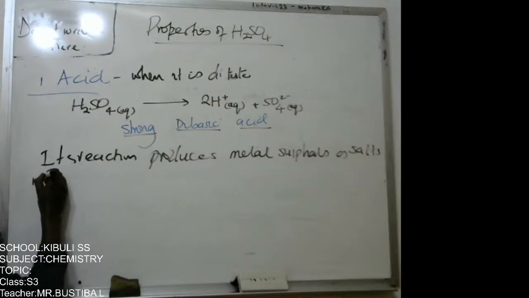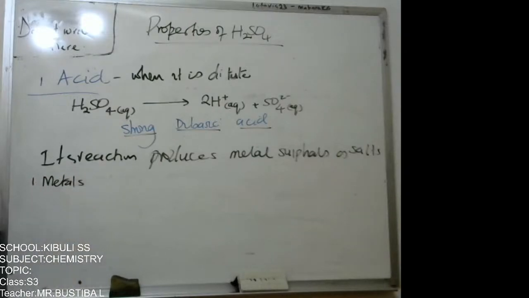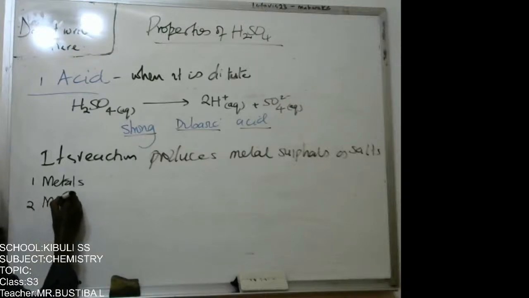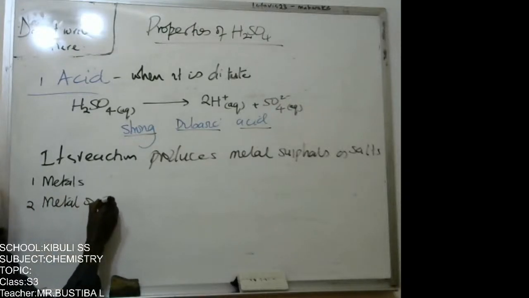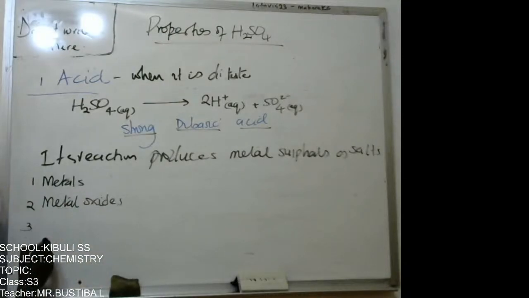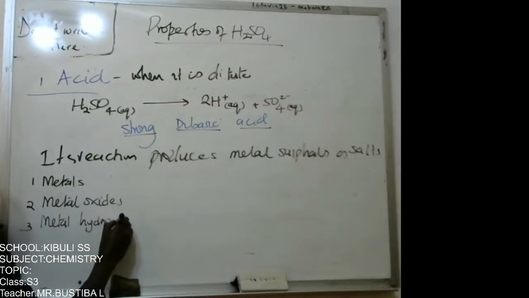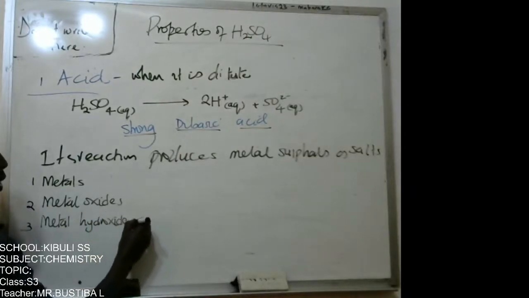Number 1, sulfuric acid with metals. Number 2, sulfuric acid with metal oxides. Number 3, sulfuric acid as an acid with metal hydroxides. Those two are called bases. Oxides and hydroxides are called what?